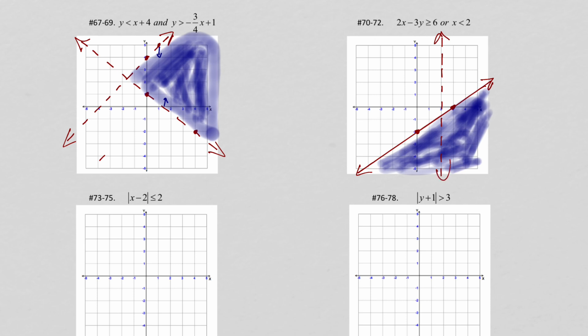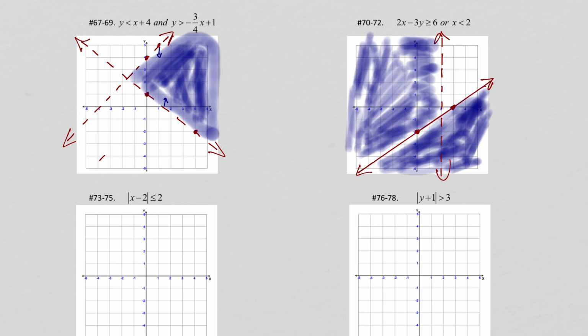And less than is the left side of it. So now I've got to shade everything on the left side of this line. I already shaded below that line, so I don't need to shade more over there. So everything gets shaded except for this portion right here.